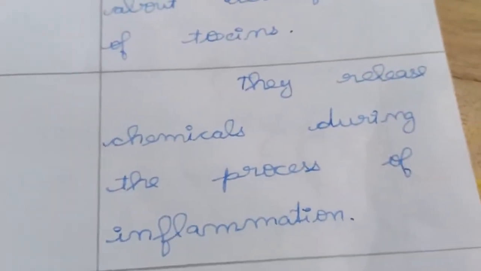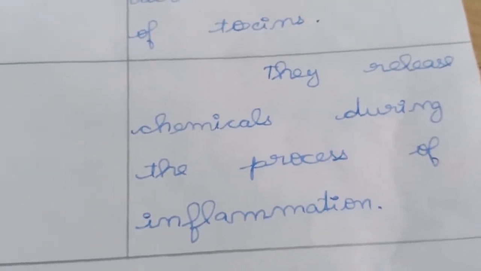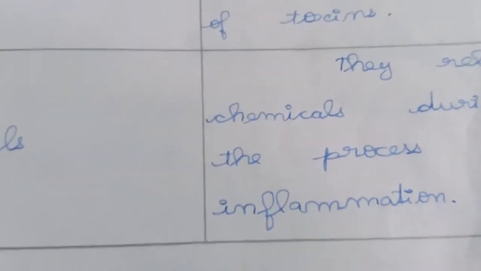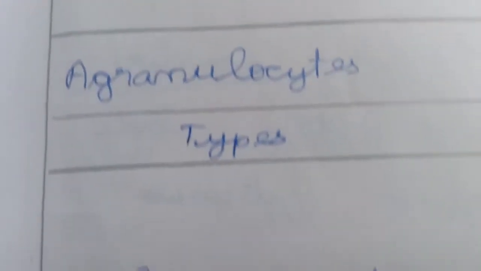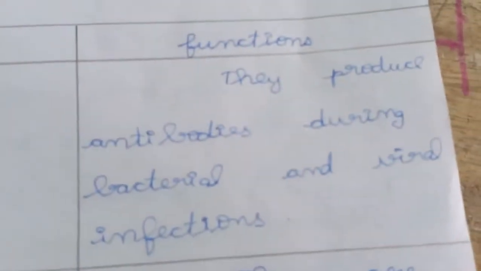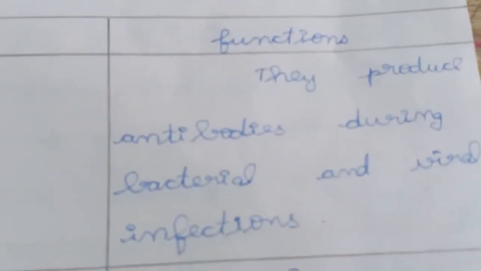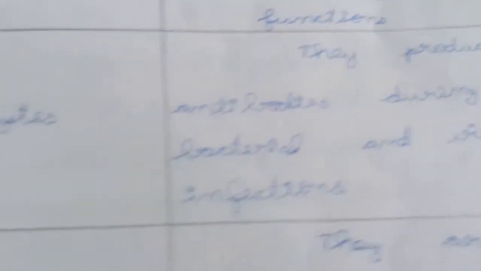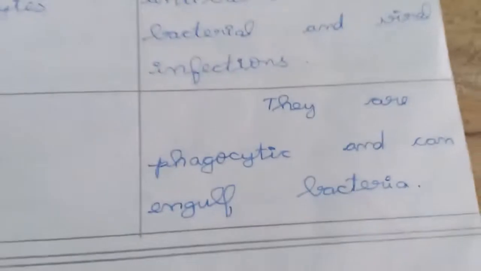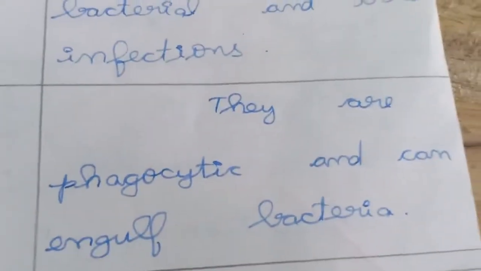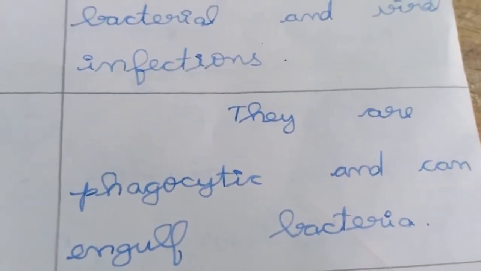They release chemicals during the process of inflammation. So these three make your granulocytes. Now coming to agranulocytes, the first type is lymphocytes. Lymphocytes produce antibodies during bacterial and viral infection. Monocytes are phagocytic and can engulf bacteria. So this is how I've shortened your answers.